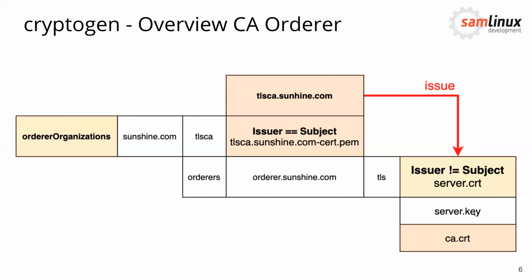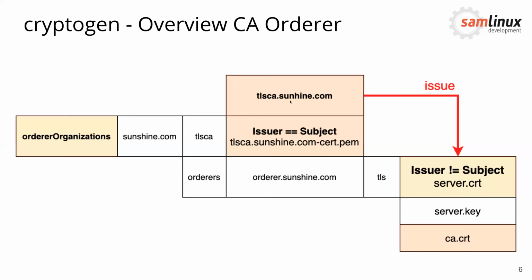And when we hear next week the presentation about Raft, then we will see that we need more than one orderer for Raft. And then when we check this structure, we will see that we have here orderer 0, orderer 1, orderer 2, and so on. So we can of course have more orderers here, and every certificate is issued from this TLS CA.